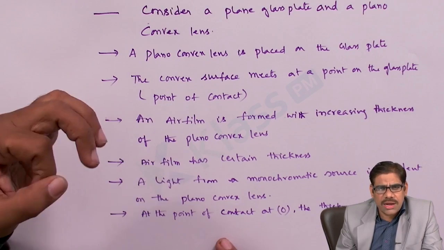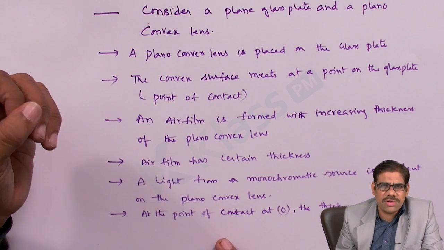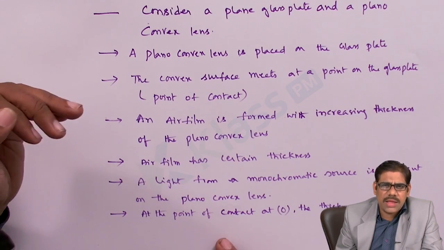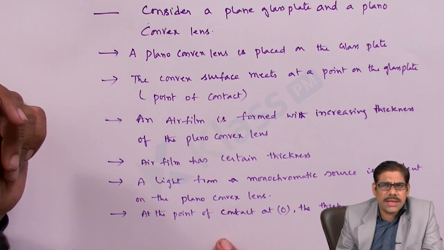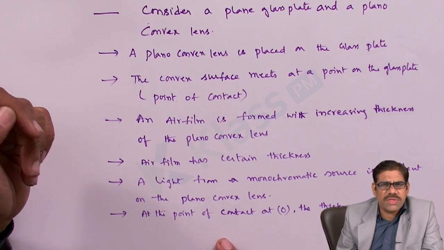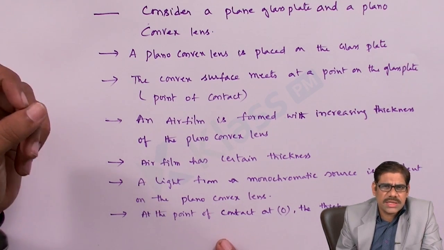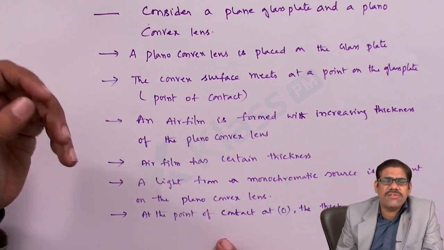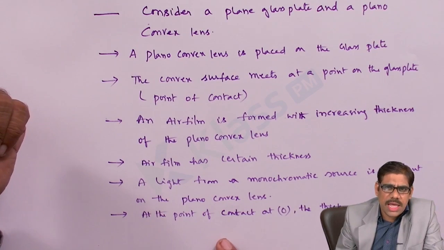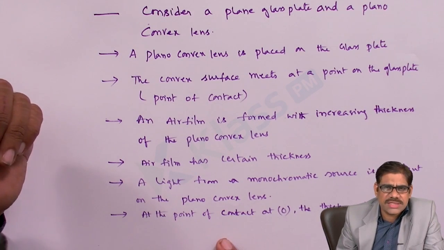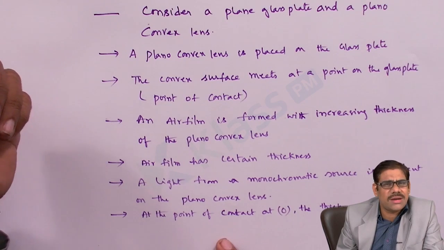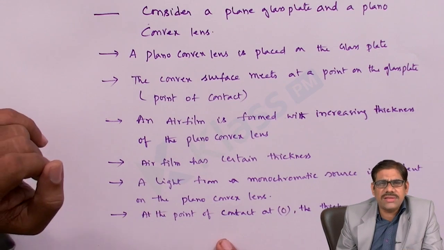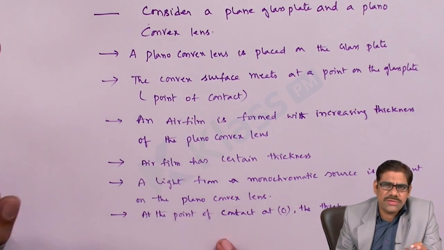Once that light ray reaches the point of contact, it undergoes reflection, and because of the air gap formed between the two, the ray is reflected onto the thin film, because of which an interference pattern is formed. Because of the interference, concentric circular rings are formed around the point of contact, and those rings are called the Newton's rings.